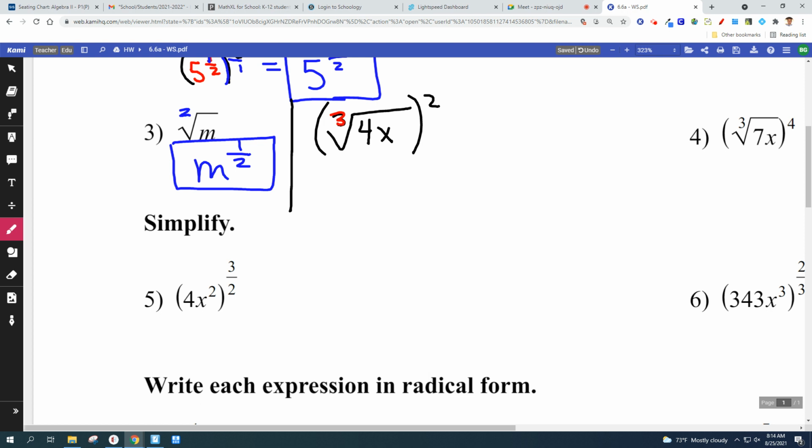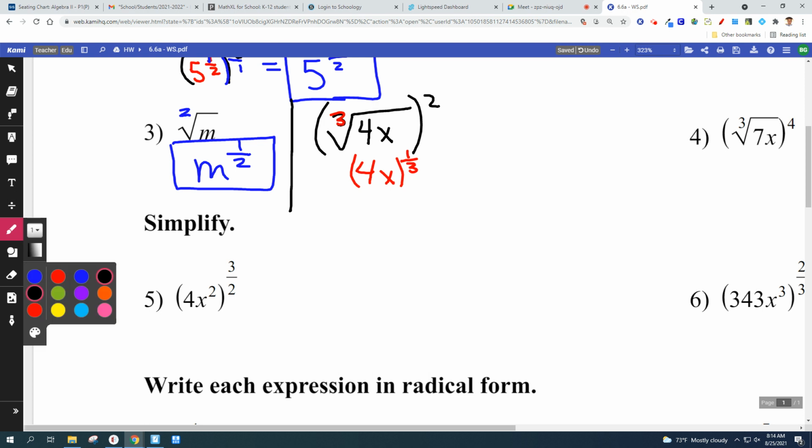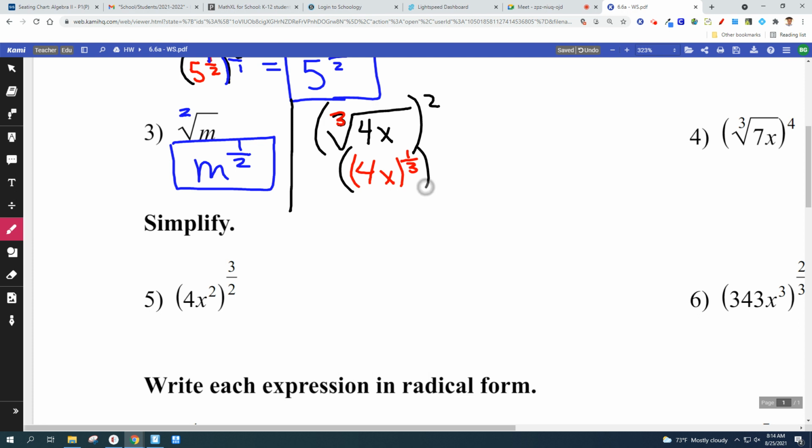And so you would have the 4x right here is going to be to the 1/3 power. 4x to the 1/3 power. And that 4x to the 1/3 power is getting squared. So the whole thing is getting squared.